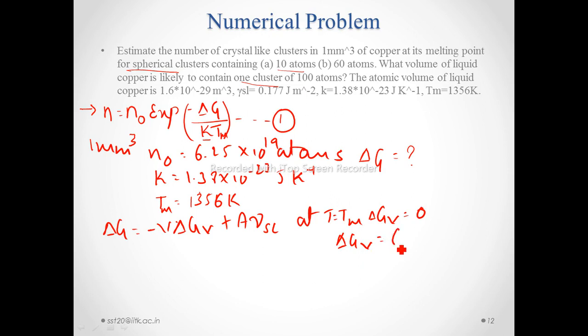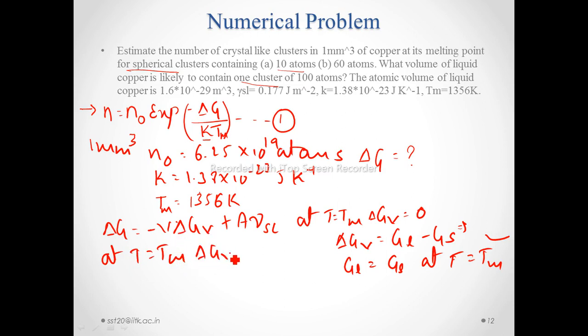Delta GV is equal to GL minus GS, the Gibbs free energy of liquid minus the Gibbs free energy of solid. These both are at equilibrium. GL equal to GS at T equal to Tm. Correct? Yes. That's why at T equal to Tm, delta GV is 0, then delta G can be reduced to A into gamma of SL. Correct?